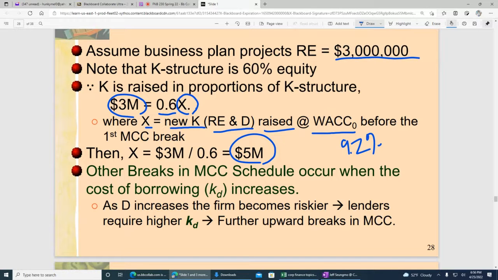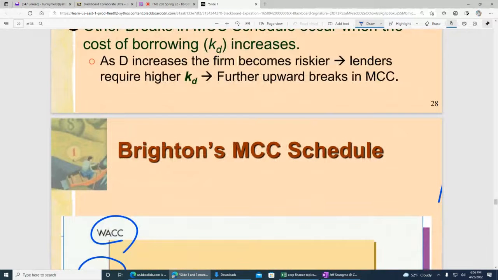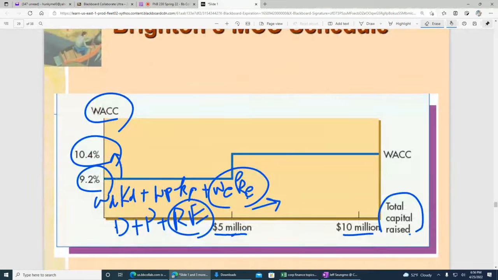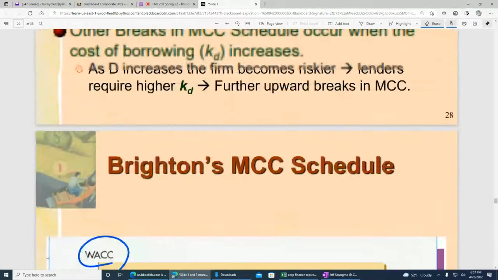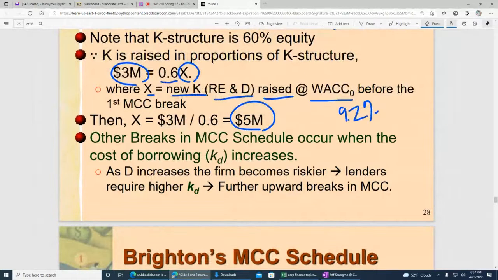So you see, that's why, you remember when I showed you this picture, the break happens after 5 million. And why was that 5 million? Because by the capital structure, by this 40%, 60% capital structure, 60% is equity, right?